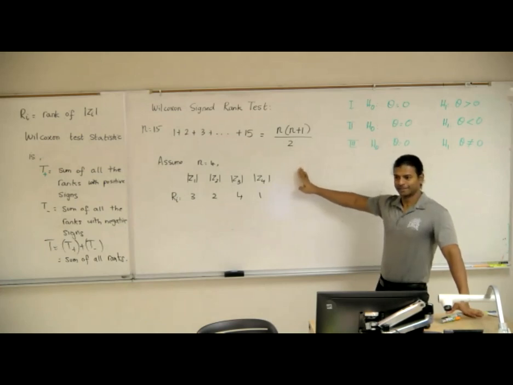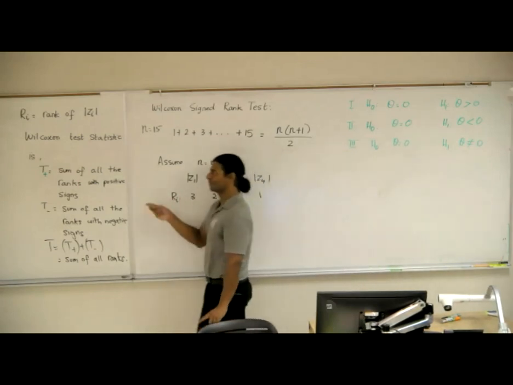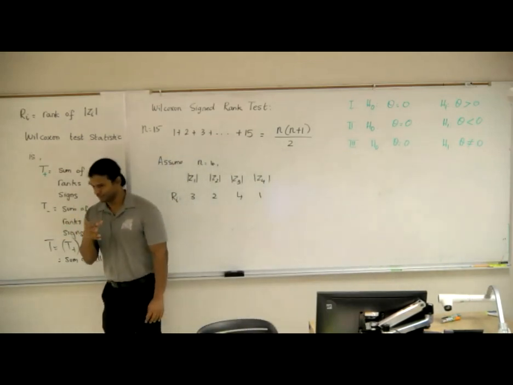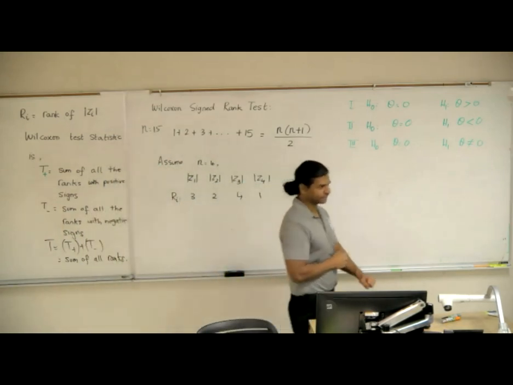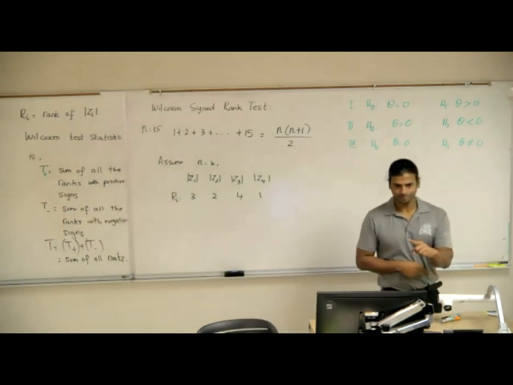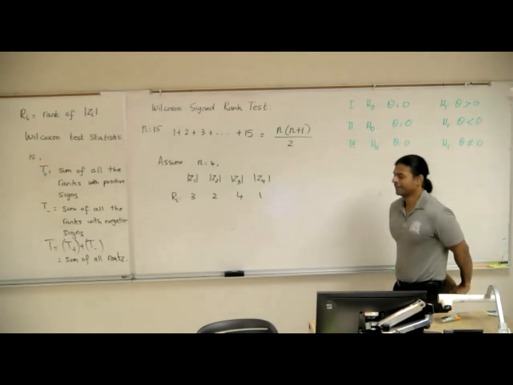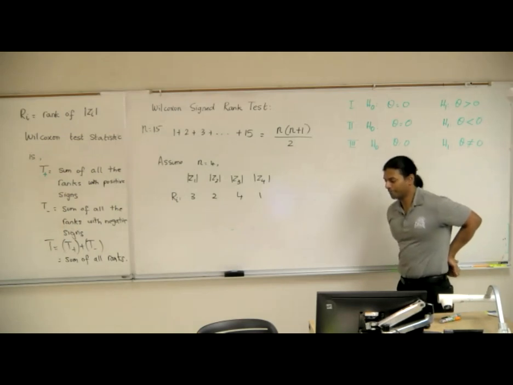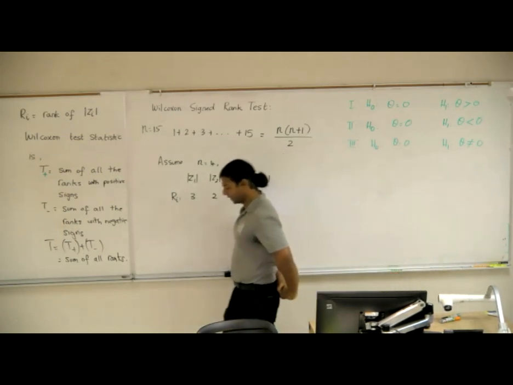Does that make sense? Because our test statistic is based on the sum of all the ranks with positive signs or the sum of all the ranks with negative signs. Good? Okay. Here is a question. Let's take the post minus pre case and blood sugar.